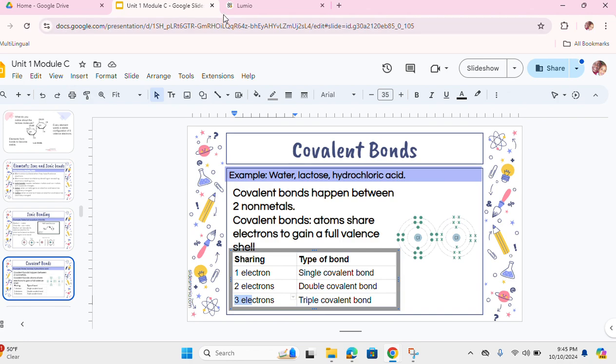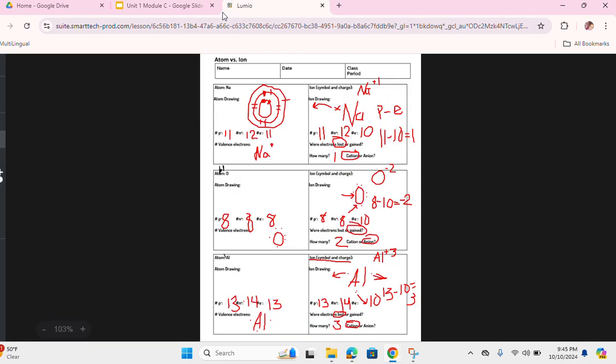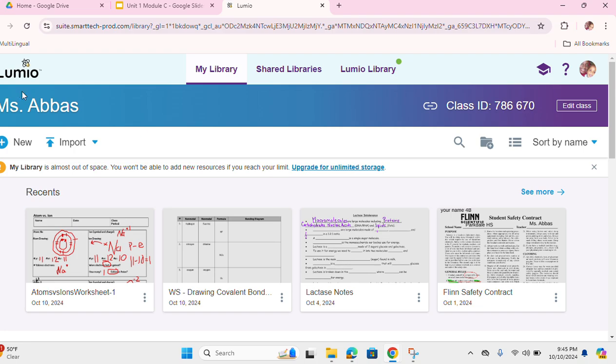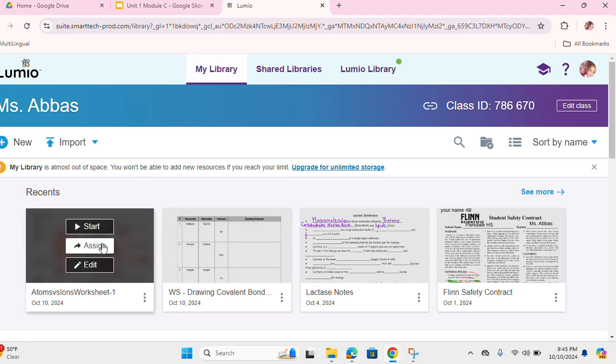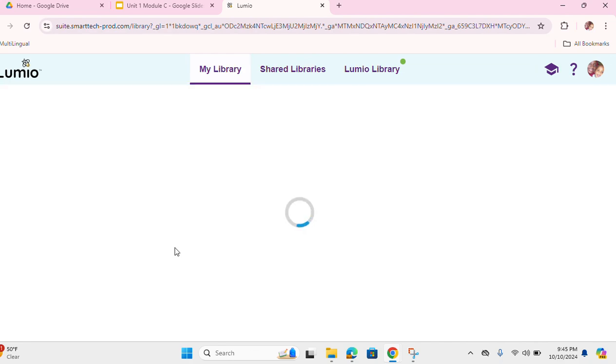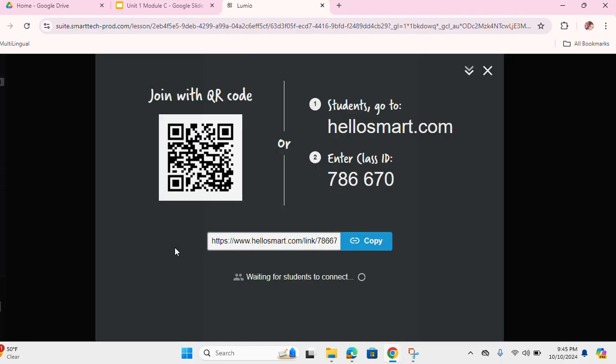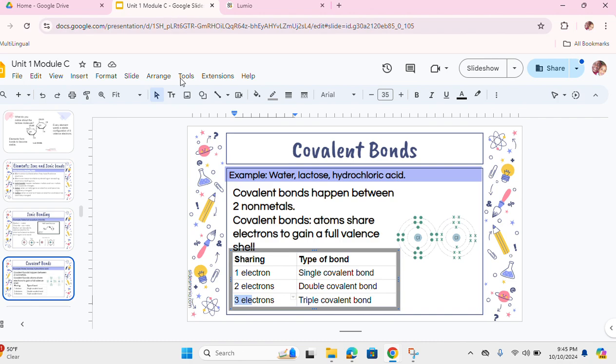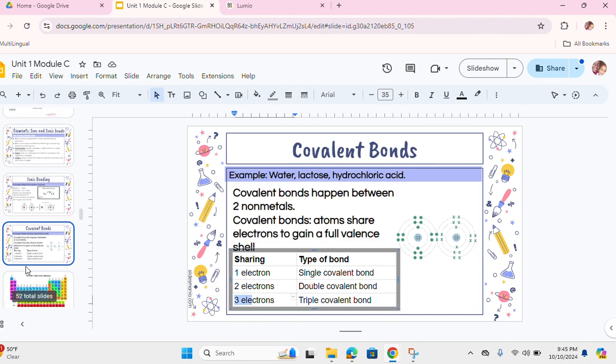The other type of bonds that you need to be familiar with is the covalent bond. Covalent bonds, I believe, are much easier to understand. There are three possible types of covalent bonds: a single covalent bond, a double covalent bond, and a triple covalent bond.